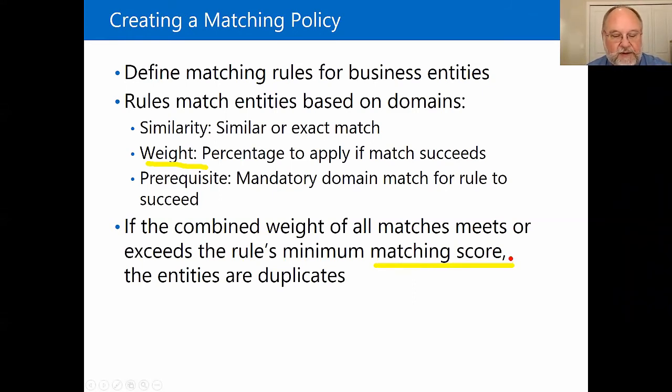So the default matching score would be 80%, meaning if the combined set of these rules adds up to 80 or more, the two records are considered duplicates. If it's not 80%, it's less than that, they're not duplicates. And you can set this value, the matching score value, to be whatever you want.